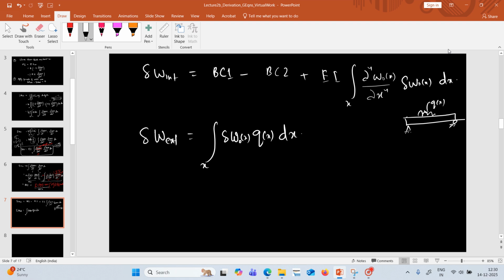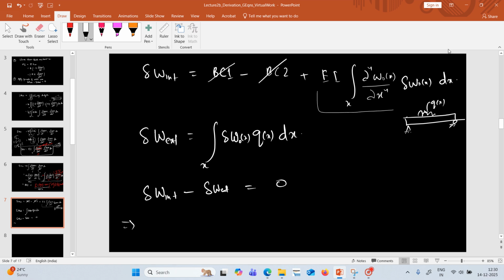Now if we write the virtual work principle, delta work internal minus delta work external should be equal to 0. Let us remove Vc1 and Vc2 because those are already boundary values. We are ignoring them and concerning only the integral part.